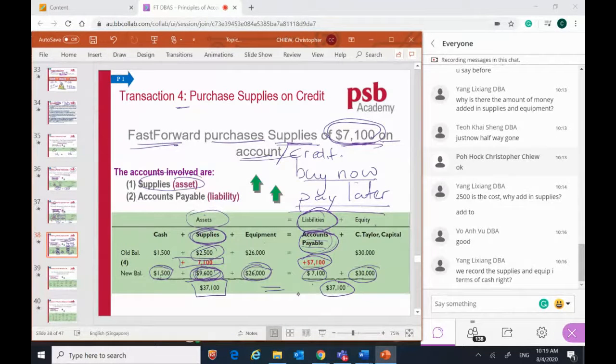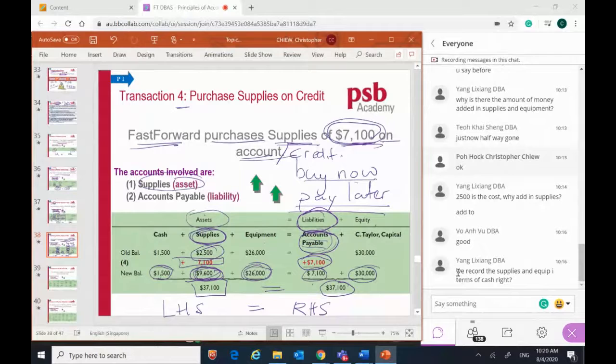Can you see the left hand side is equal to the right hand side? Are you with me? Any questions? Okay, we have a question here.